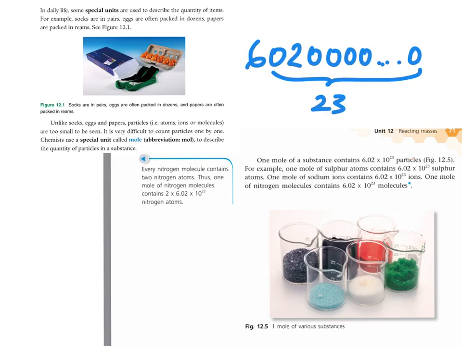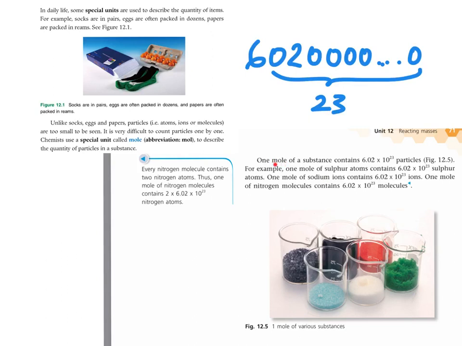But in our daily life, we also use this kind of counting method. For example, we use dozen, pairs, or reams. We use a pair of socks, a dozen of eggs, which means 12, and a ream of paper, which means 500 papers. This kind of unit means a special number, just similar to the mole.